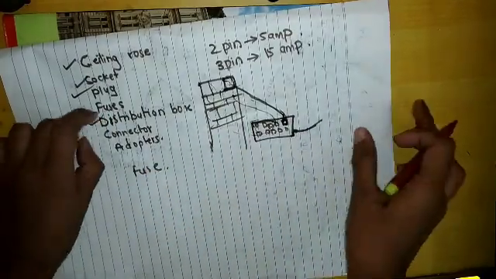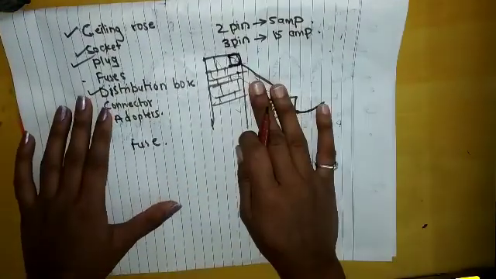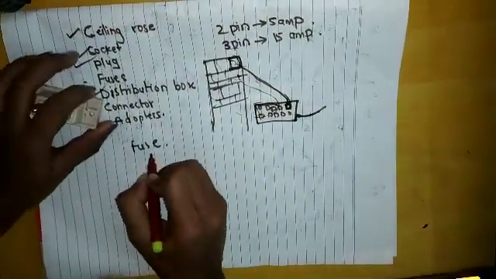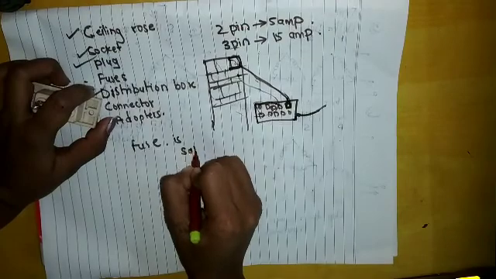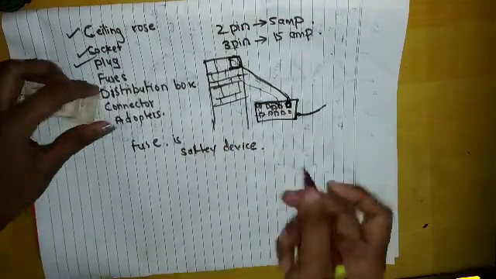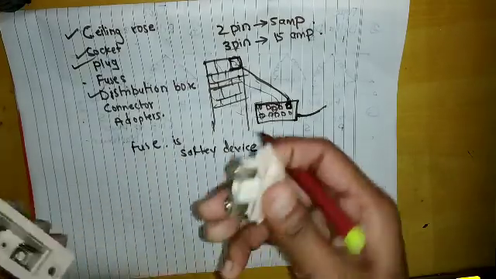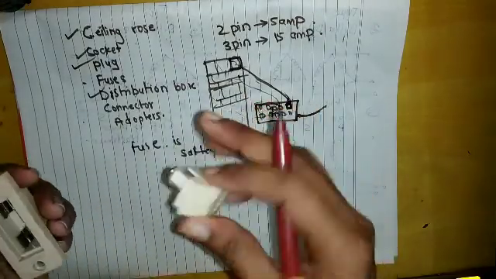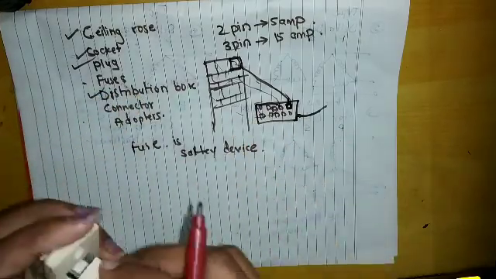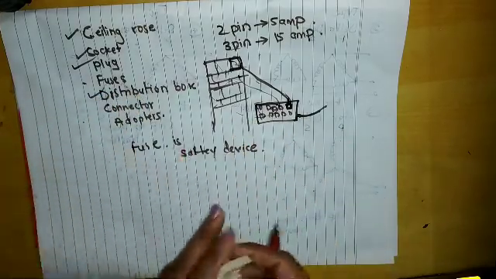So what is a fuse? A fuse is basically a safety device. Okay, fuse is a safety device. So this is the fuse. So why do we require a fuse?